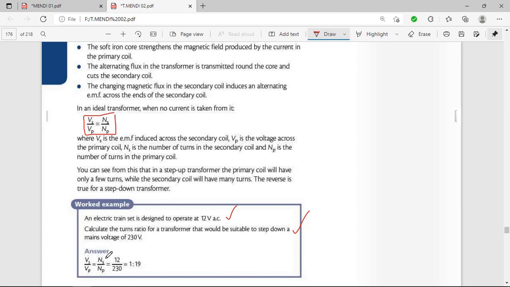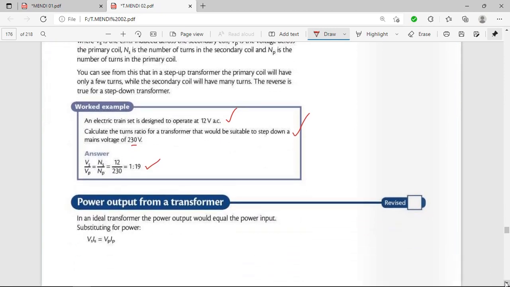It's the same as number of turns in the secondary over number of turns in the primary. And since it is a step down, this one will be our primary and this one will be our secondary. So it's 12 volts over 230. So the ratio will be 1:19. So that is the one required.